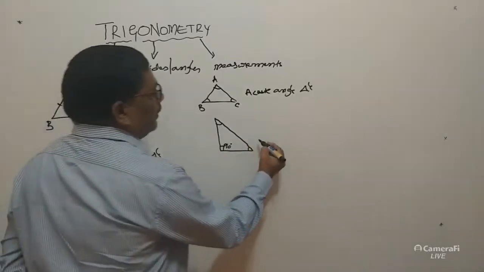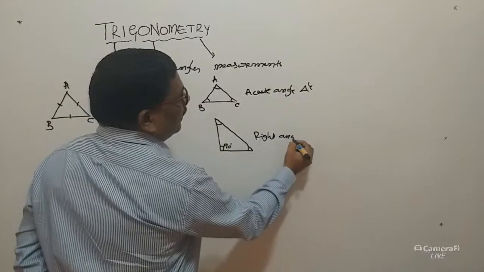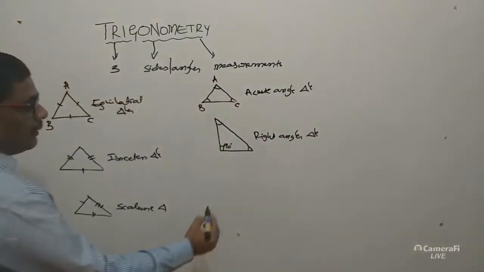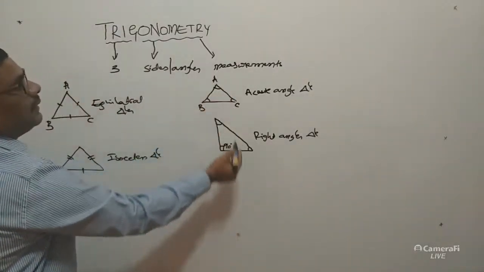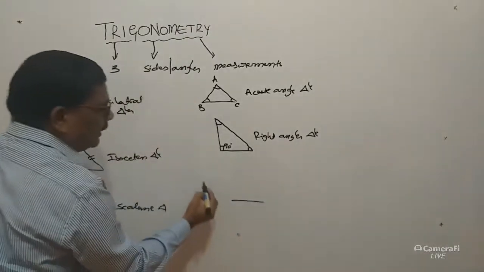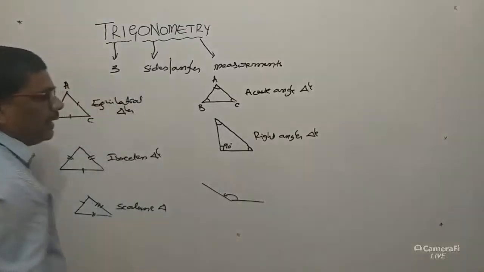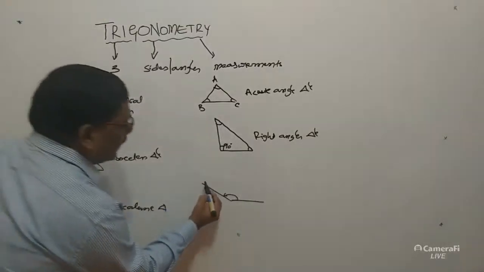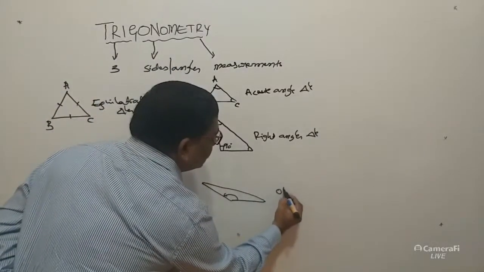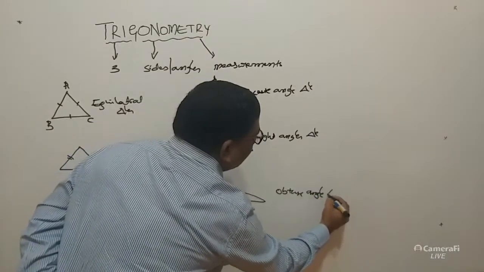We call it a right angled triangle. Then, if one angle is more than 90 degrees, the triangle is called an obtuse angle triangle.